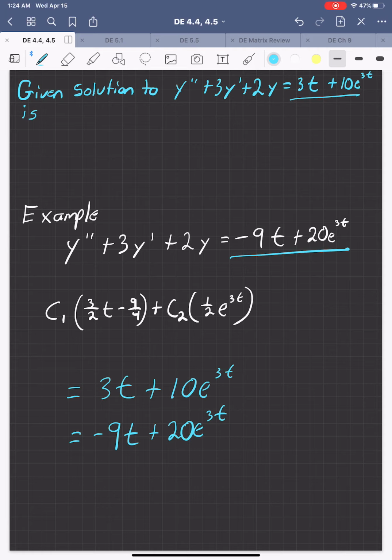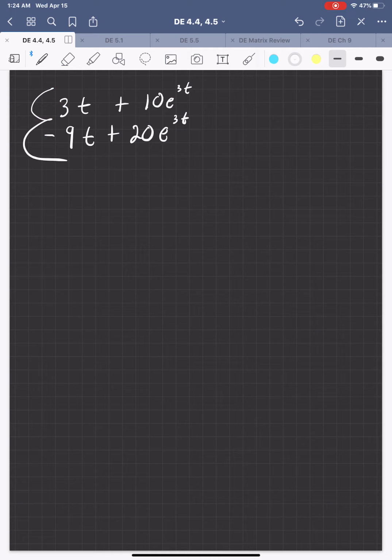If you would like, you can go through all the work that we did in 4.4, where you're trying to break it up into the right form. But let me show you how to use this superposition principle. If we take just the 3t and the negative 9t, there has to be some scalar where I can scale 3t to equal negative 9t.